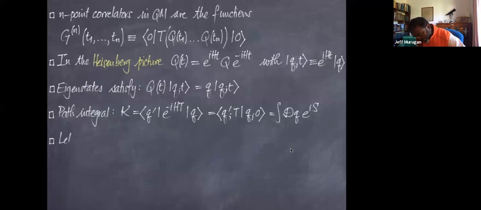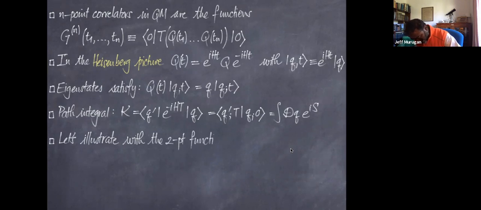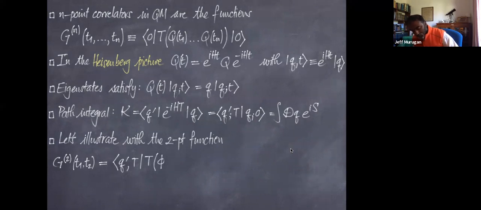So let's illustrate with the 2-point function G2 of t1, t2, which by our definition is <q', T| the time ordered operator of Q of t1 Q of t2 |q, 0>.